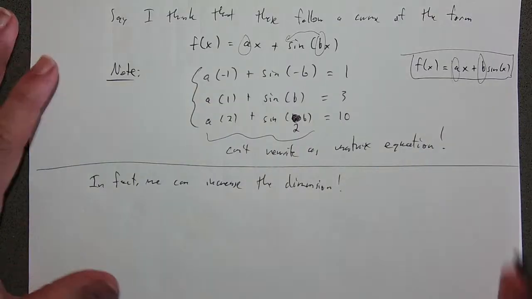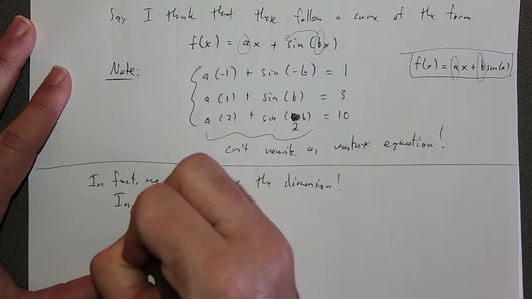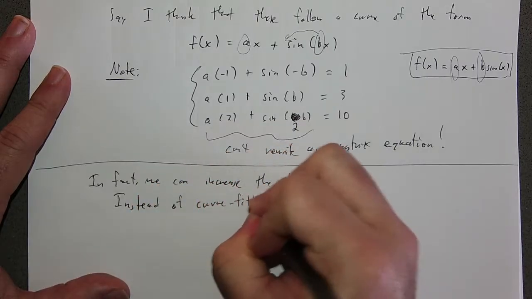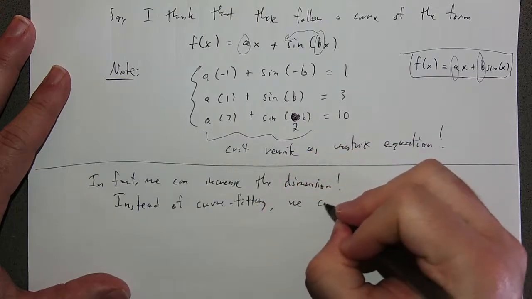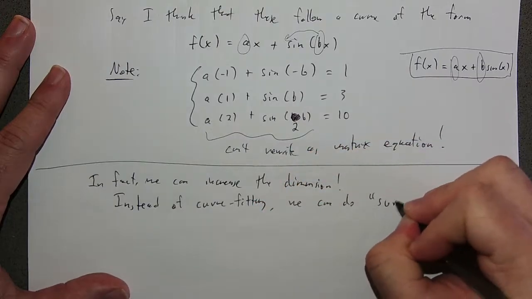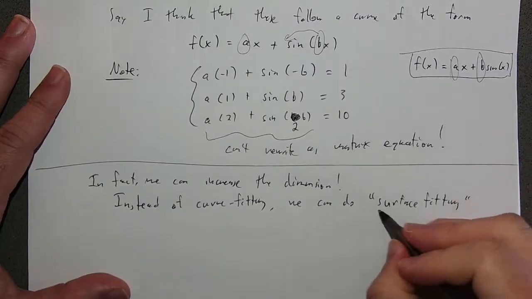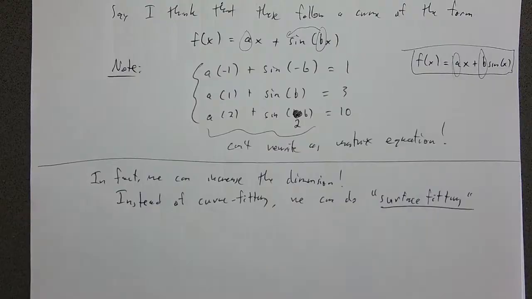Instead of curve fitting, we can do surface fitting. Or, if you have a problem, a surface you tend to think of as a two-dimensional thing. I'm going to do an example of that, but there's not even a reason to restrict ourselves in that way. We could think of this as surface or hypersurface fitting.